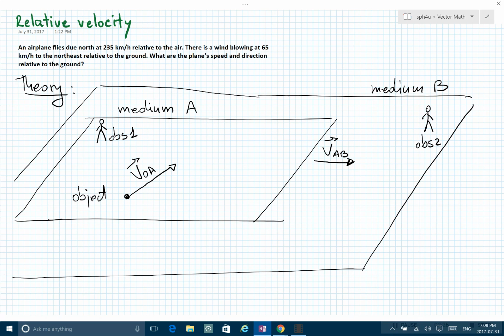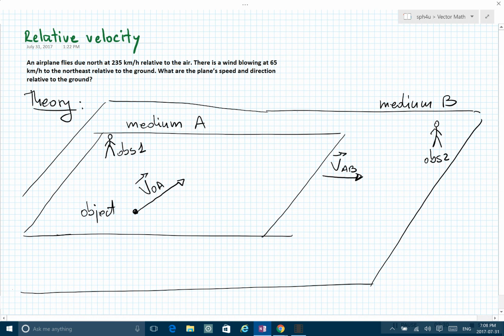So what this observer will see is the object actually moving with a velocity of the object with respect to medium B. Think of a river, wind, air, and whatnot.